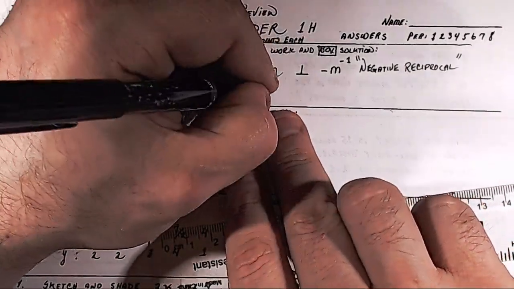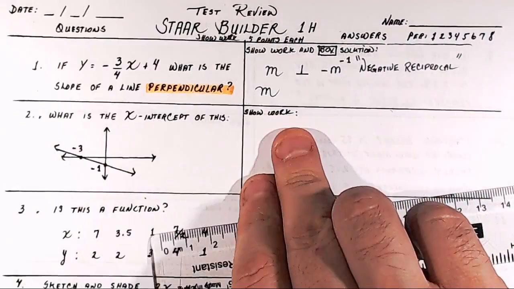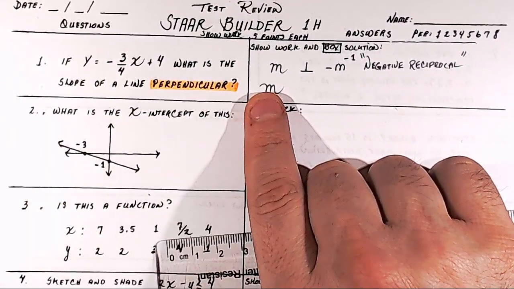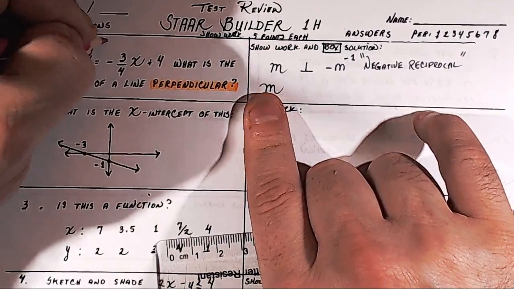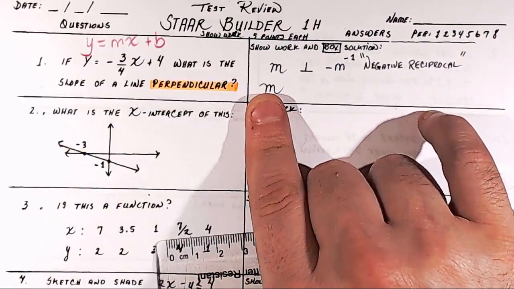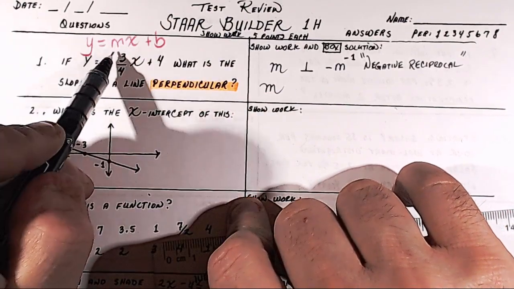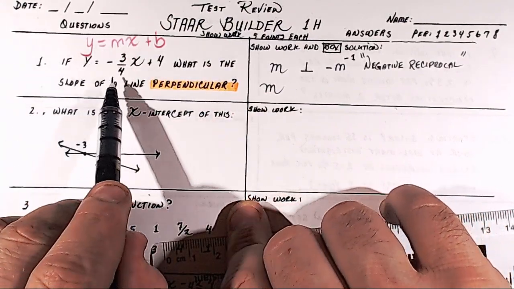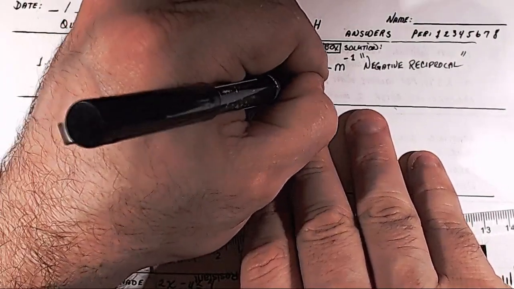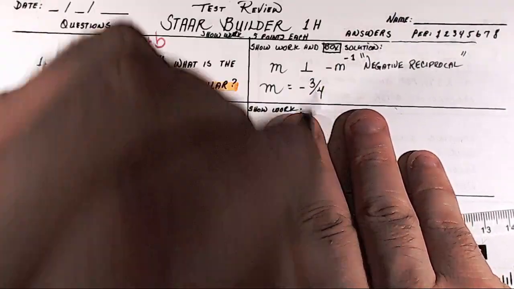Let's do that. So our given m in this problem, if y equals mx plus b, then the m position is held by negative 3/4. So m equals negative 3/4.